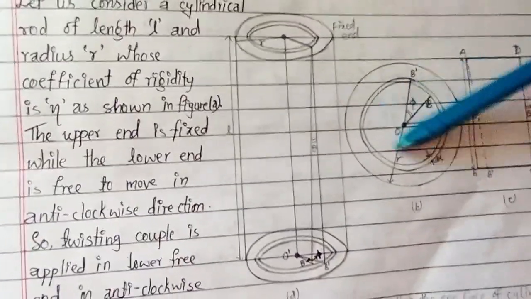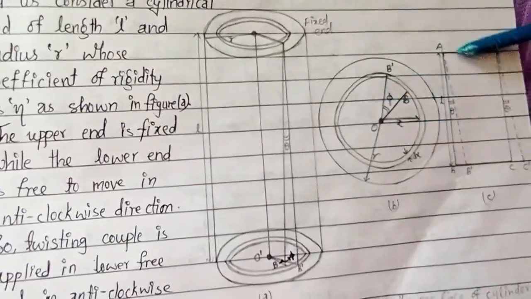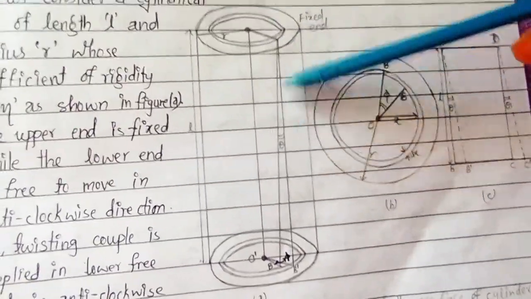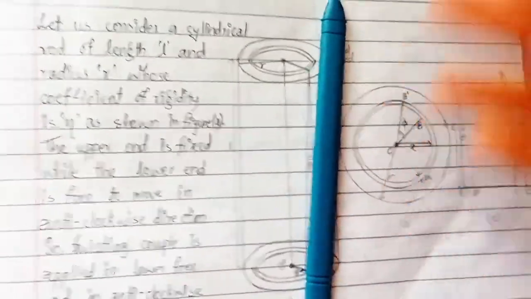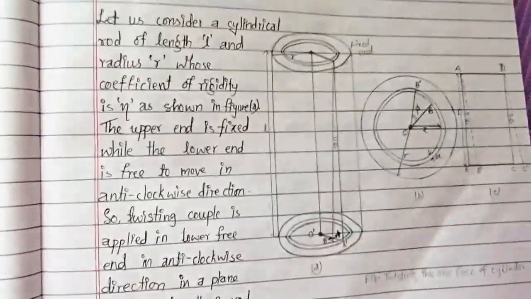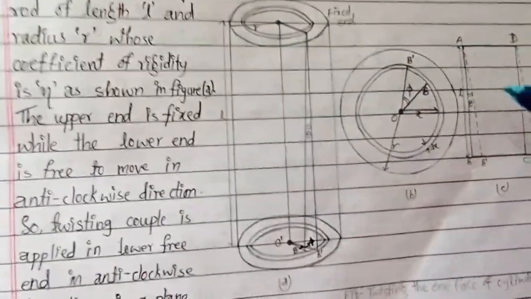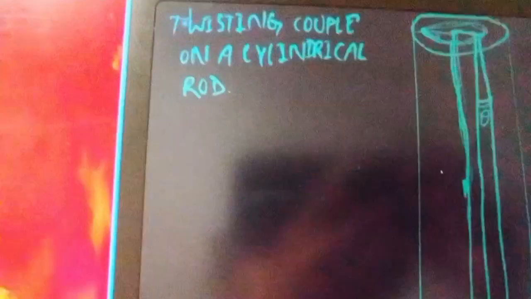This is the part of the lower end, and this is the part to show this axis. When you cut the cylinder from its middle part, you will see like this, and we will talk about it.